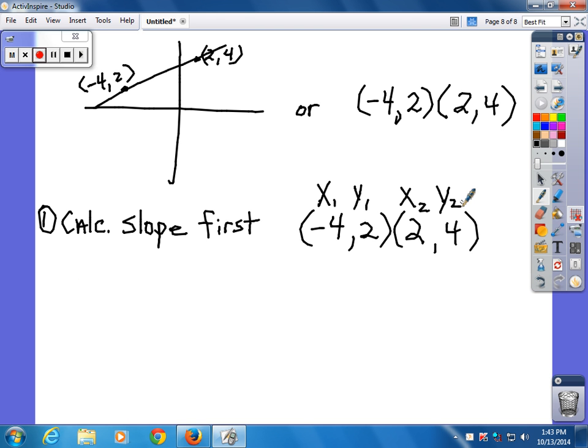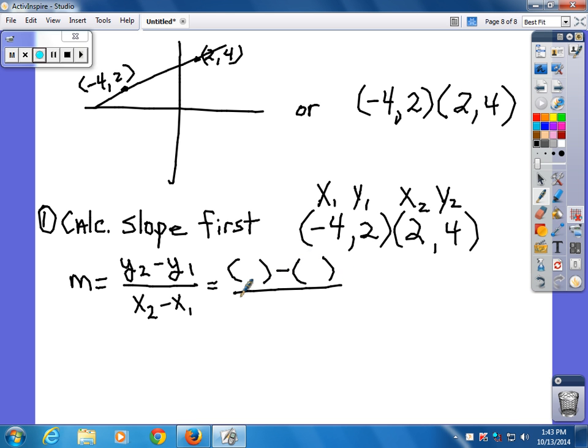And I'm going to go m is equal to y sub 2 minus y sub 1 over x sub 2 minus x sub 1, which is equal to 4 minus 2 over 2 minus a negative 4. And what's 4 minus 2? 2. And what's 2 plus 4? So you should get 1/3.